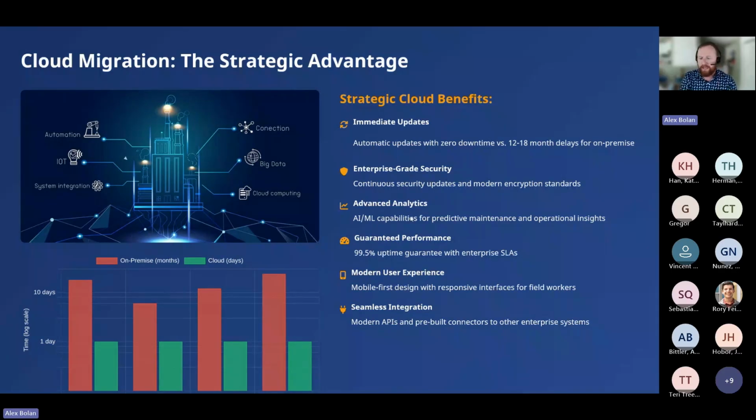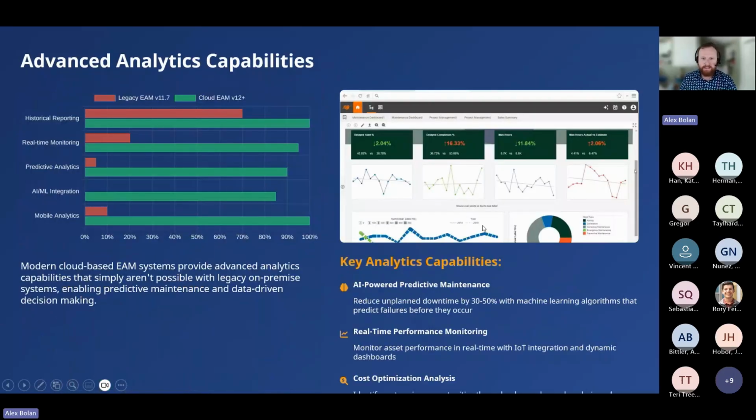And then more importantly in the cloud too, you just have access to more advanced analytics capabilities. The cloud version provides advanced analytics versus some of your on-prem legacy systems. Integrations between IoT sensors, documents, and other operational data are a little bit more seamless. There's more tools at your disposal, whether that's DataBridge Pro, Python Studio, or even just access to the REST API component.